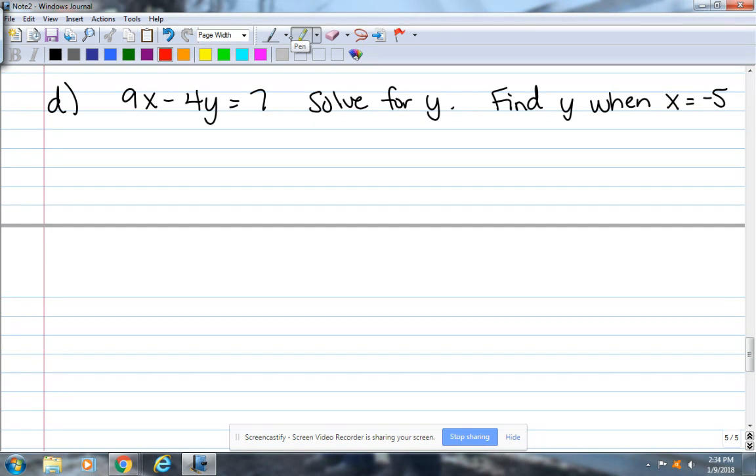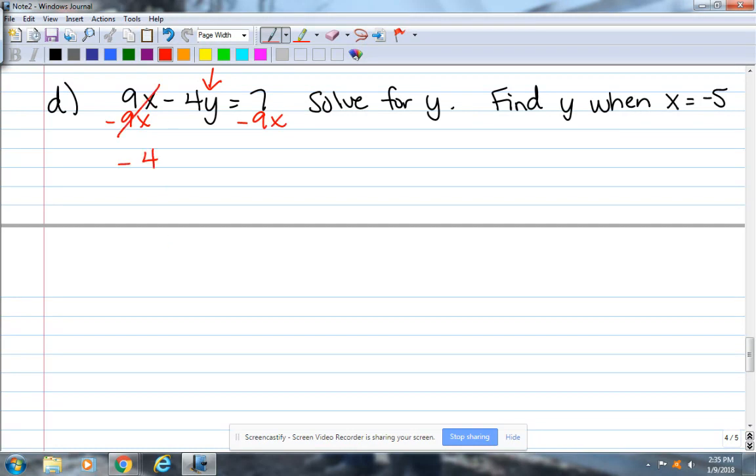I'm going to move everything away from the y. So that 9x has got to go. So how do I get rid of that 9x? Subtract it. It's positive 9x, so I can subtract it away. Very good.